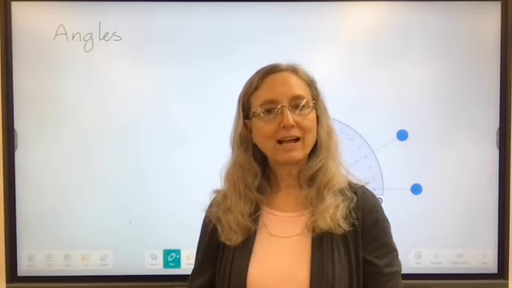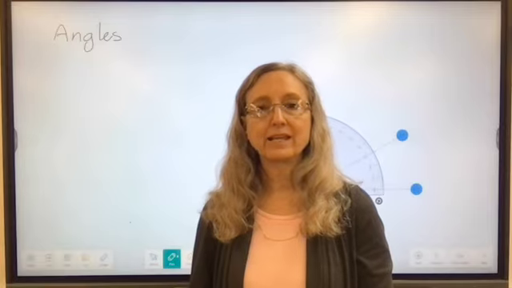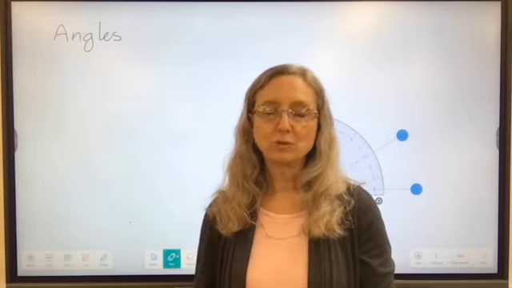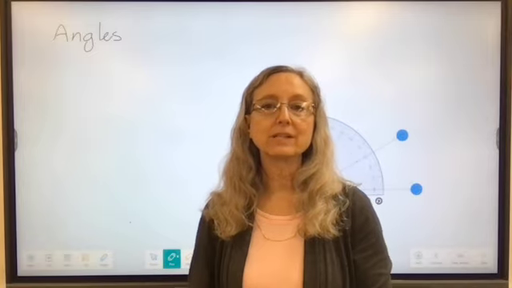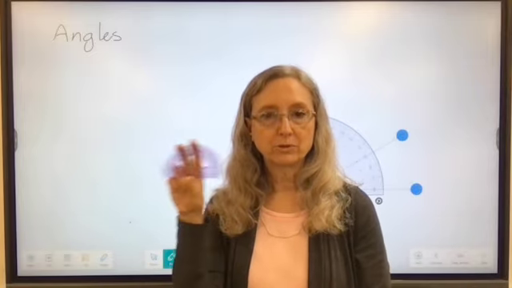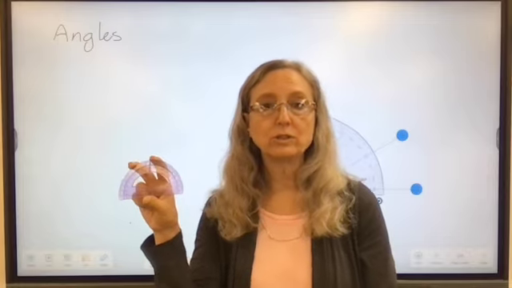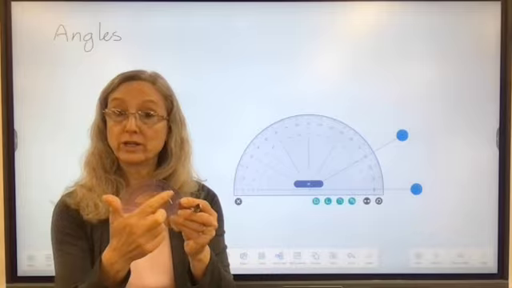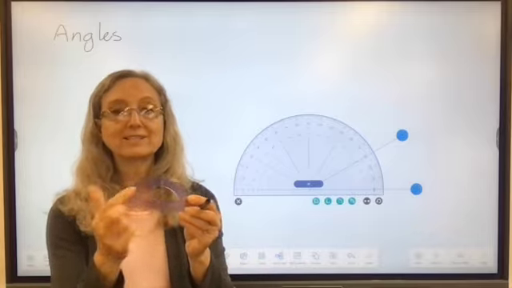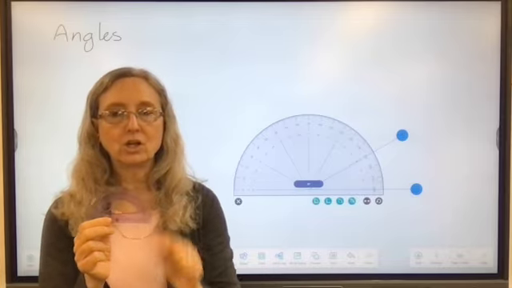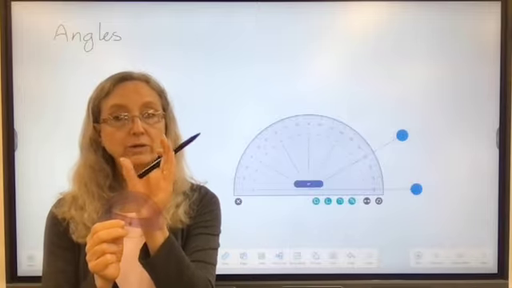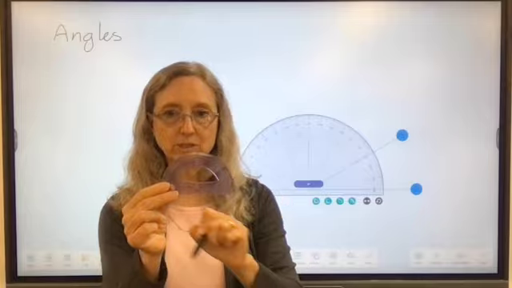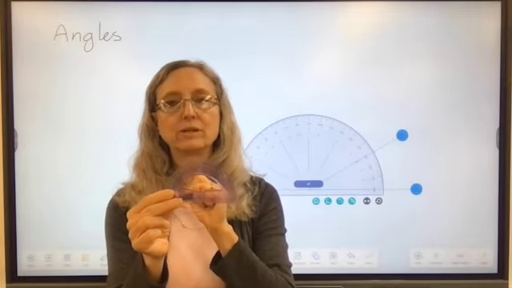Okay, now let's shift to angles. In angles, if you want to measure how wide an angle is, then you can put the two sides of an angle on a protractor. Instead of a straight ruler, you would use a protractor, and then you could measure one-to-one correspondence with the two sides to figure out how wide or how narrow your angle is, knowing that 360 degrees is a complete revolution.